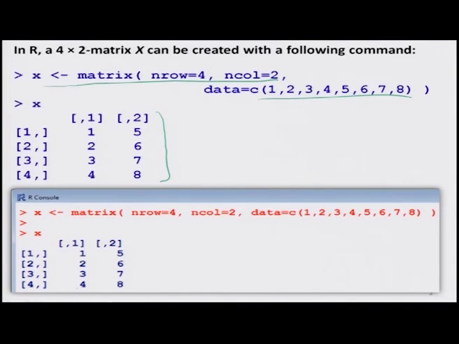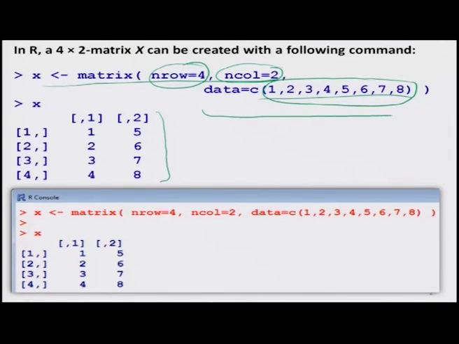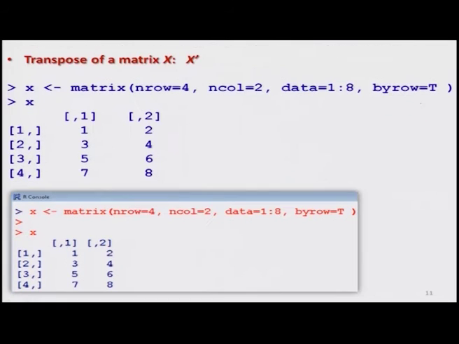Here I had taken this matrix where the number of rows is 4, the number of columns is 2, and the data values are the integers from 1 to 8. Now, I am trying to show you another way by which I can rewrite this data section briefly using another command.